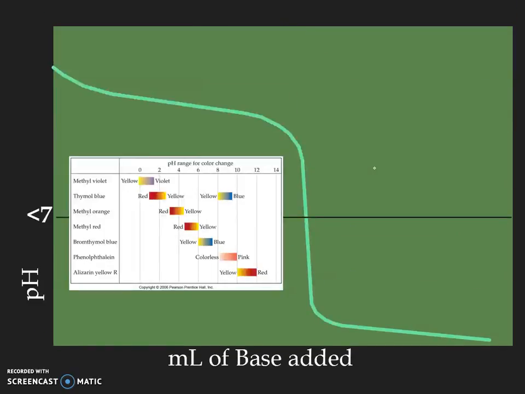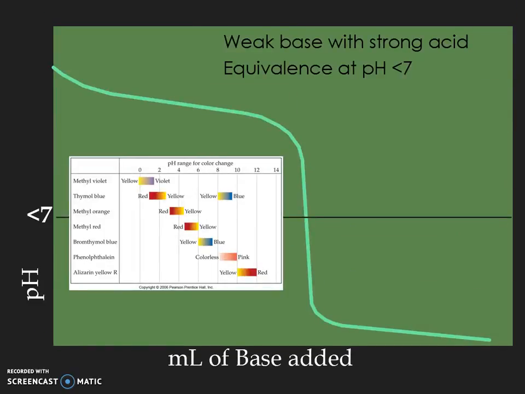Okay, and then our last one here is weak base with a strong acid. The equivalence point is going to be lower than 7, and the reason for that is because we have a weak base starting with a strong acid, and we put that strong acid in, we're going to end up with a lower pH, which means that our solution here is going to end up slightly acidic.